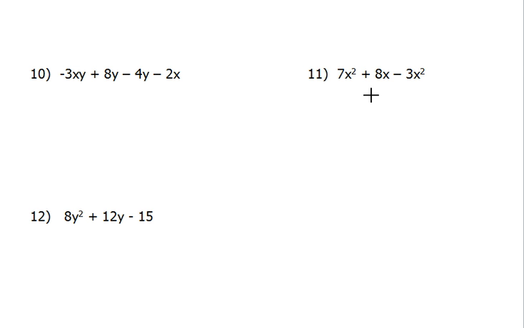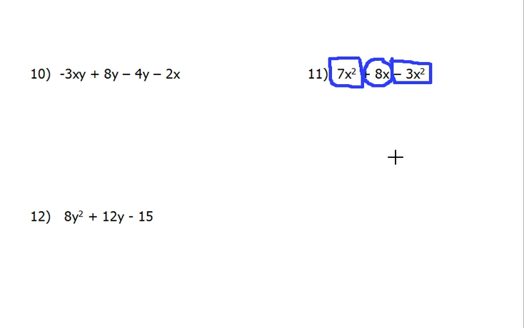Okay, I want to go back to number 11 real quick and clarify something. I thought this was a plus sign, but it's not. It was a minus sign, and I couldn't see it because when I identified like terms, I covered it up. Part of it is because this ink is so thick on the laptop. However, I want to give you the correct answer. Notice how I covered this up.